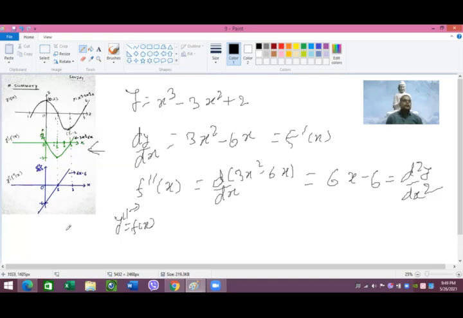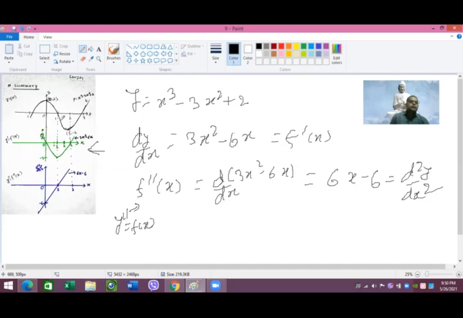All right, so now analyze this graph. We have talked a lot about it. You can see here this is the local maximum and this is the local minimum, and also there is a point of inflection. But now let's see what happens when we move from one side of the maximum point to the other.